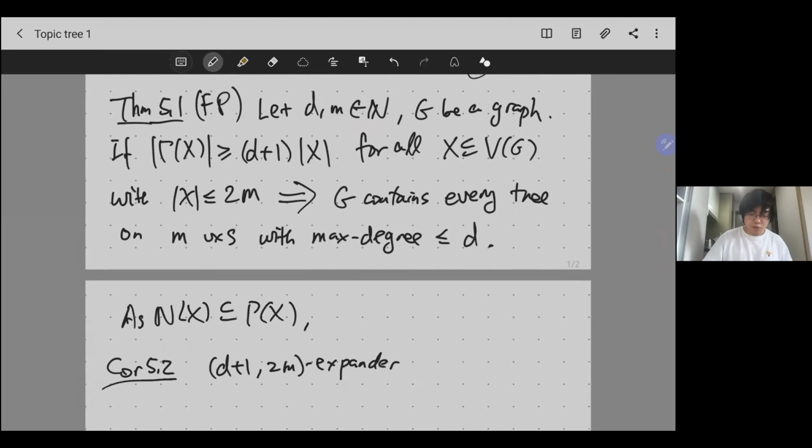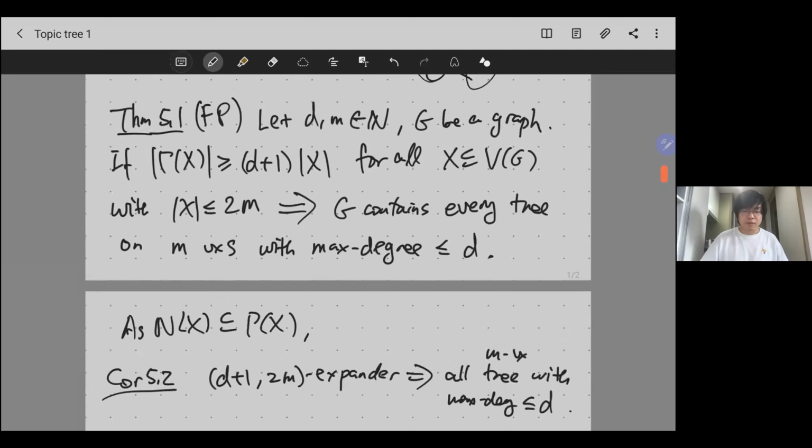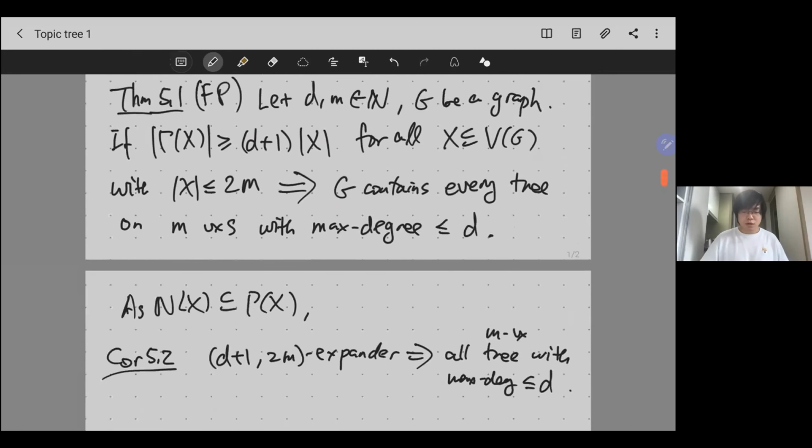Sets up to size 2m expand by a factor of d plus 1. Then we have all m-vertex trees with max degree at most d, okay? It's basically the same thing. I just write it in terms of expander, maybe it looks more concise.